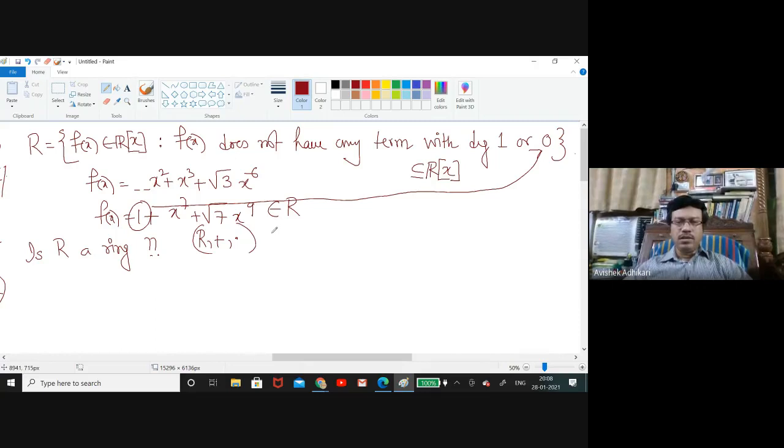Now my question is, what is the zero element, or identity element? Sorry, additive identity. Identity means I want to say additive identity.